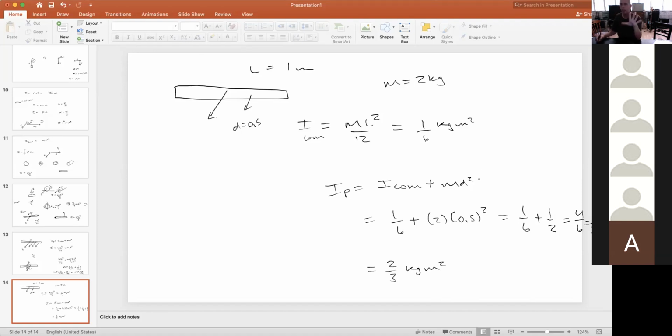But the point here is that with the parallel axis theorem, if you know the center of mass moment of inertia, you can move that axis anywhere parallel to the original axis. So I could put it here, I could put it wherever. If I do that, then all I have to do is multiply the mass times the change of distance between the center of mass axis and the new axis that I want.